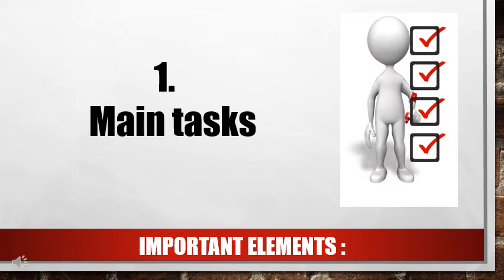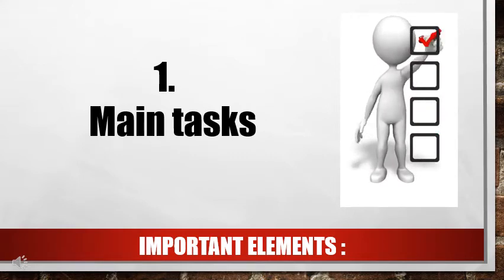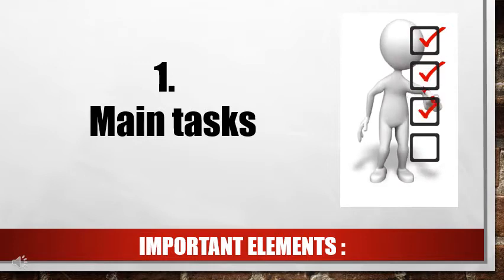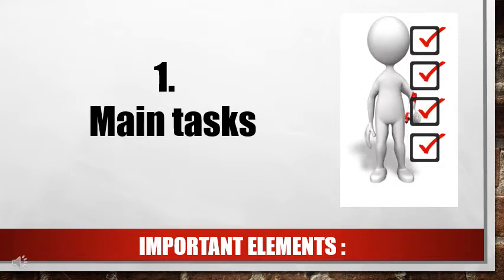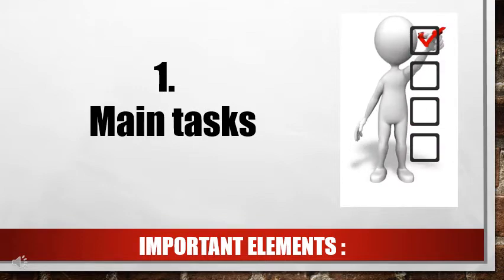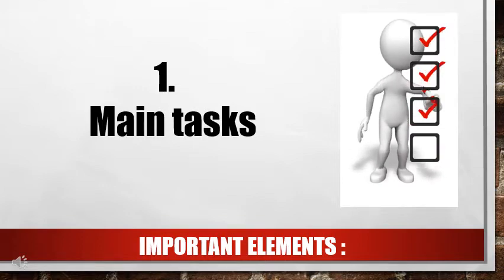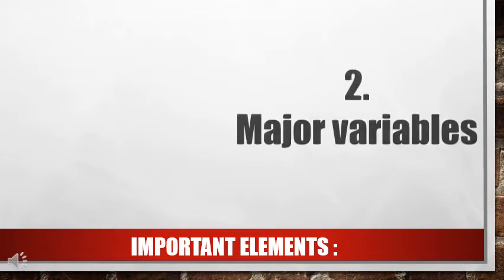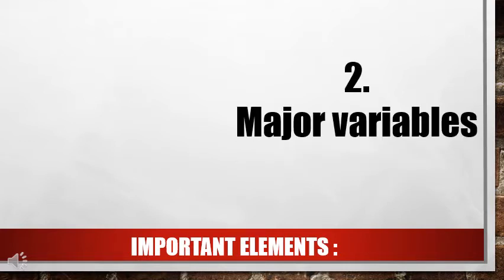The important elements in the statement of the general problem are: One. Main tasks. They satisfy the question, what to do with the major variables such as to associate, to relate, to assess, to measure, to determine, and etc. Two.